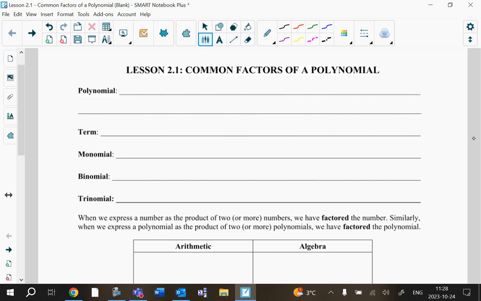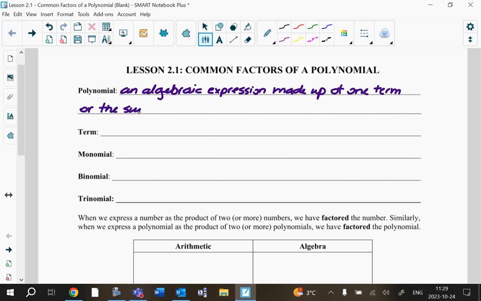So a polynomial is an algebraic expression made up of one term or the sum of two or more terms with, and this is very important, whole number exponents.